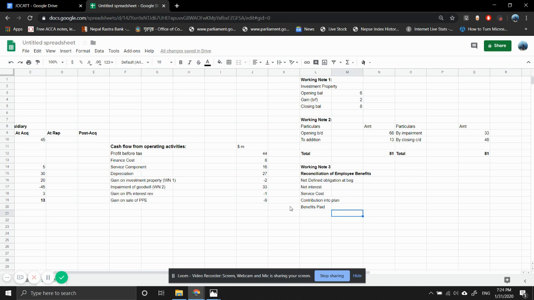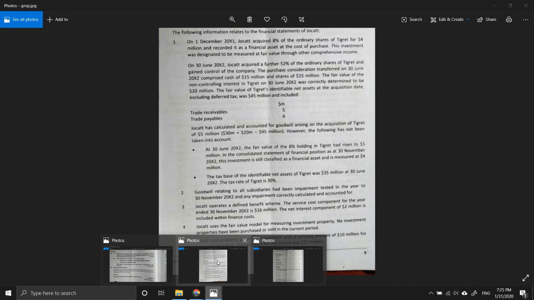And then from here we get a subtotal. Then remeasurement component. And then net defined obligation at end, right? And so let's put the figures in.